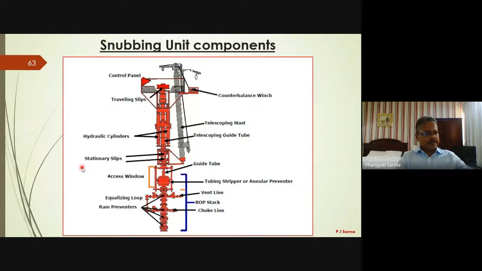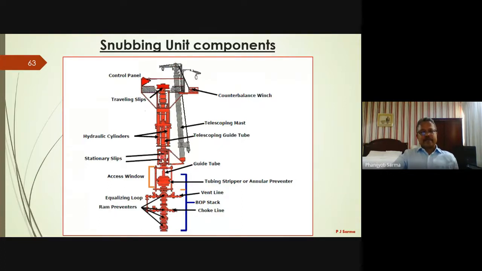So these are the typical snubbing unit components. I will not go through all the details because it is a bit complicated, but in a nutshell, the control unit is there. There are traveling slips, which travel in the process of snubbing. Hydraulic cylinders are there, and this is the telescopic mast, and there is a stationary slip.